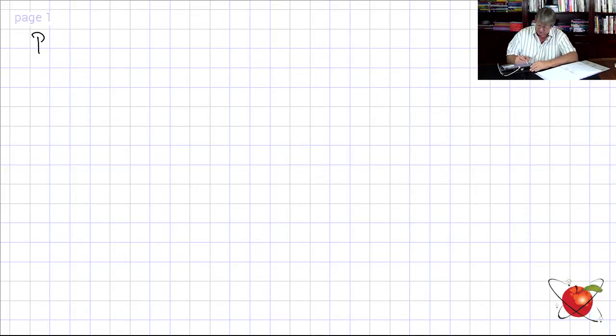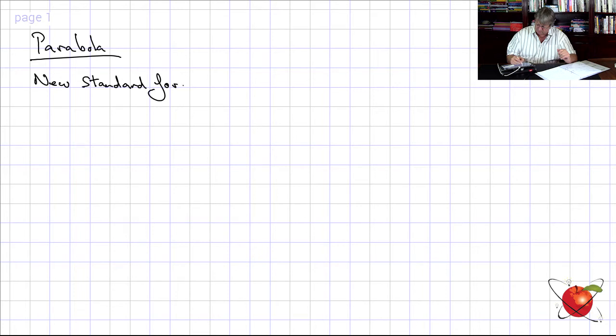Okay, let's just put a heading, parabola. Now in the parabola, we've got a new standard form: y equals ax squared plus bx plus c.